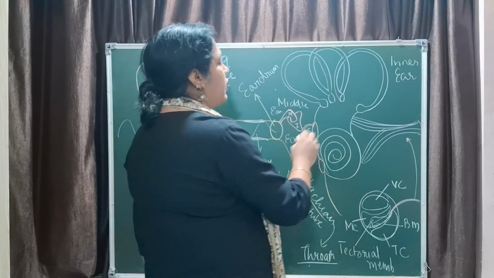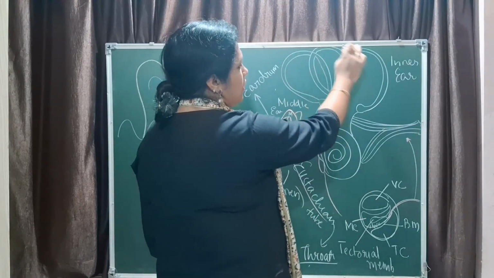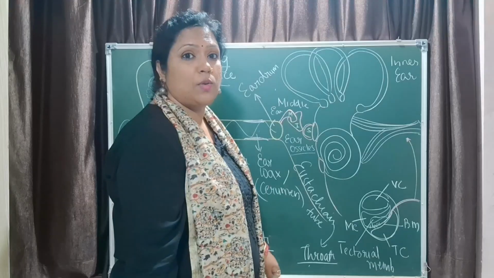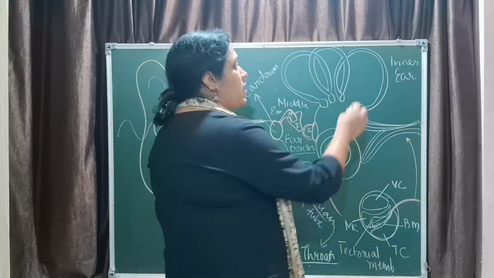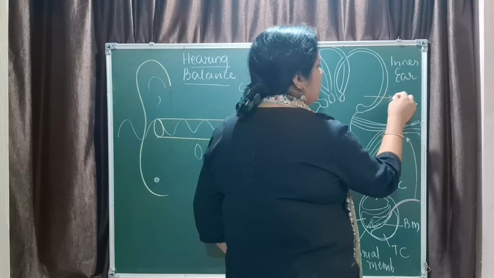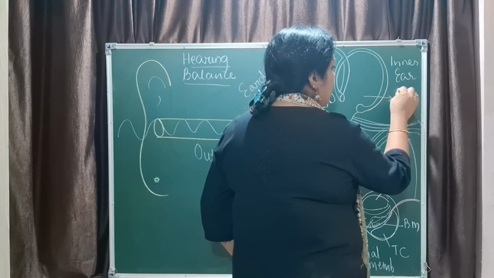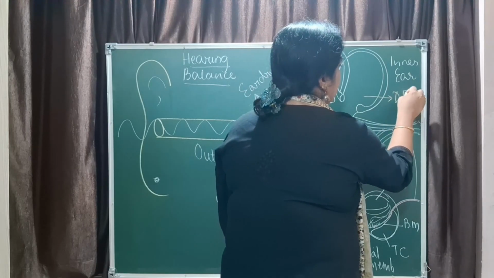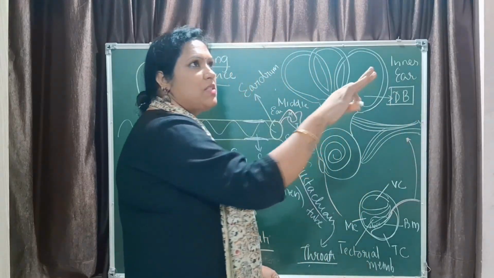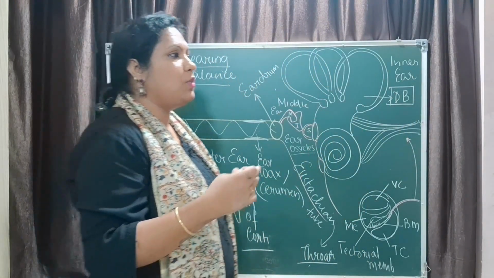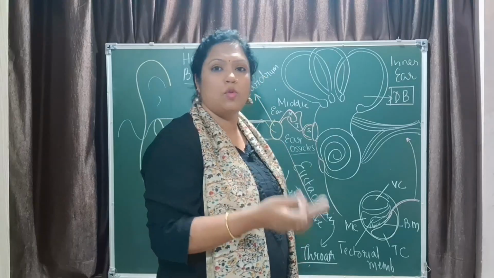Now your inner ear has these semicircular canals, three semicircular canals perpendicular to each other. These semicircular canals are responsible for your dynamic balance. Whenever a dynamic balance question is asked, that is your spatial orientation, how you balance when you are in motion or moving.